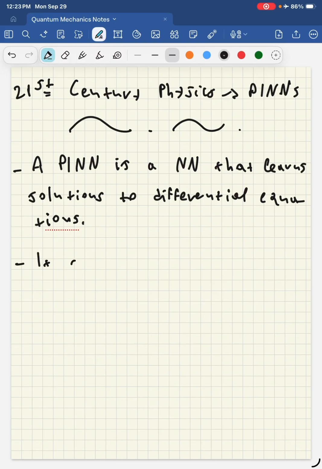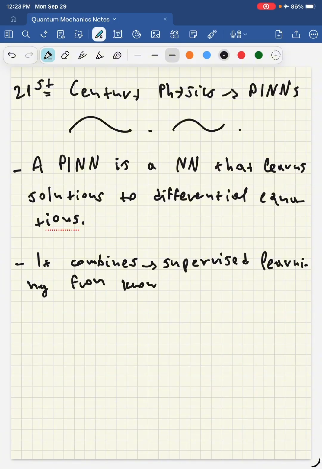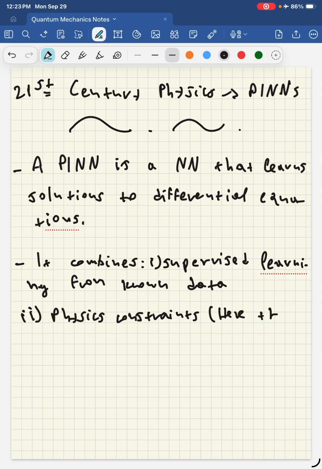It combines, 1, supervised learning from known data, and 2, physics constraints, here the Schrödinger equation, of course.